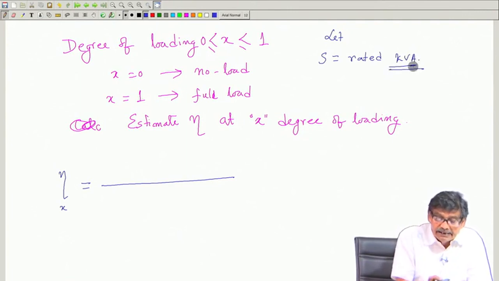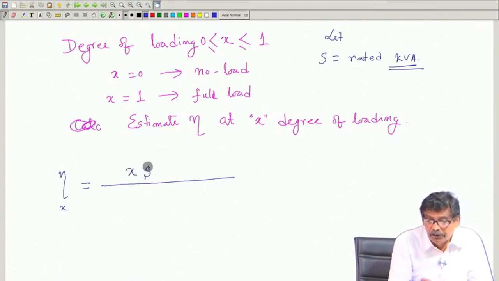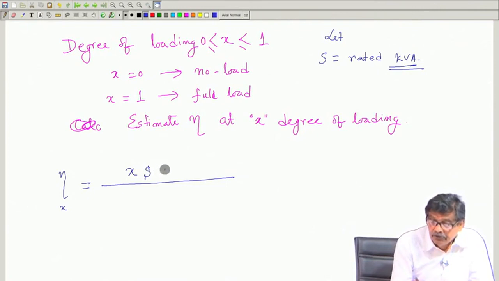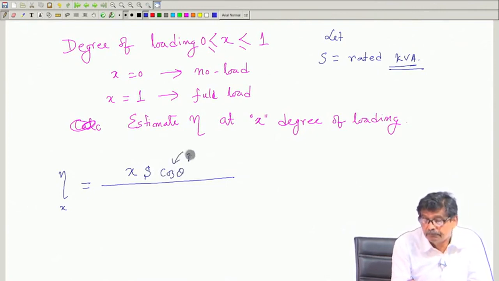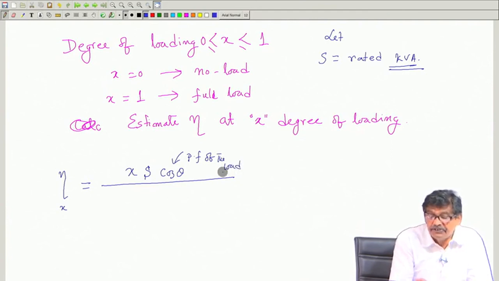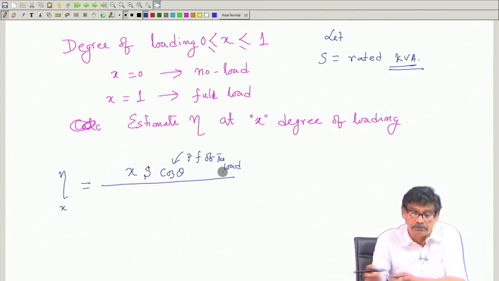Then when the degree of loading is x, the output will be x into S. x equal to 1 means it is supplying rated kVA, into cos theta, the power factor of the load, because in the definition of efficiency I have to calculate the kilowatt supplied to the load.